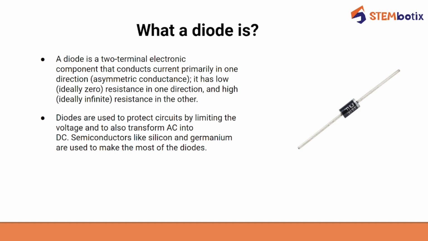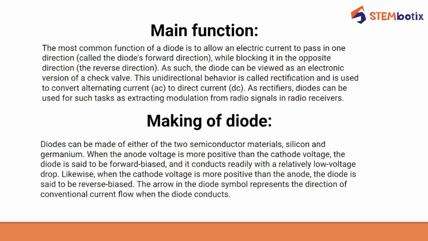Diodes are also used to transform AC into DC, meaning alternating current into direct current, by cancelling the change in current. So they are used as AC to DC converters and also to limit the voltage. Semiconductors like silicon and germanium are mainly used to make diodes.